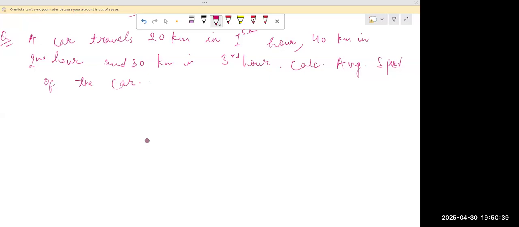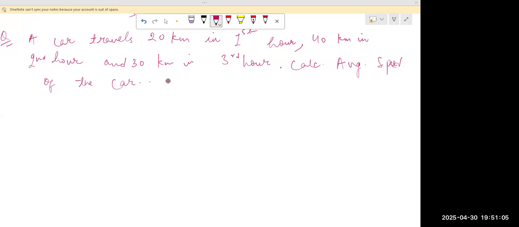Tell me, what is the average speed? 8.33 meter per second. I got 30 kilometer per hour or 8.33 meter per second. 30 kilometer per hour, right?